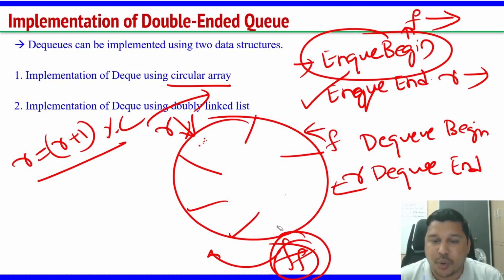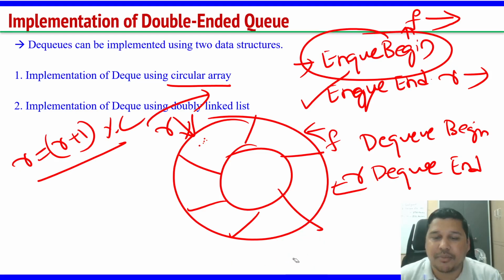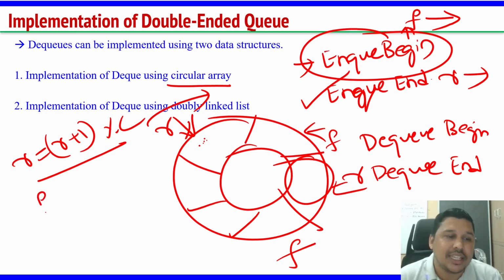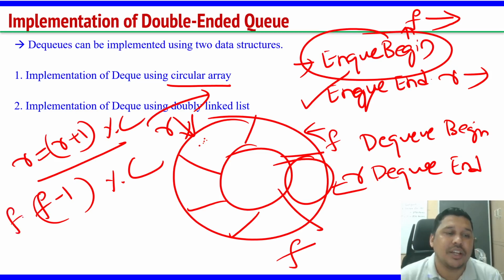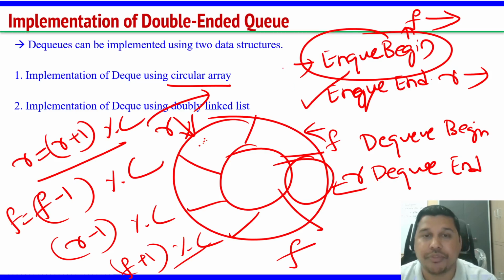If your front is here, I have to insert it here. So I have to do F minus 1 modulo capacity, here F. In the same way, R minus 1 modulo capacity and F plus 1 modulo capacity. These 4 are just small logic we can write in a double-ended queue, right?